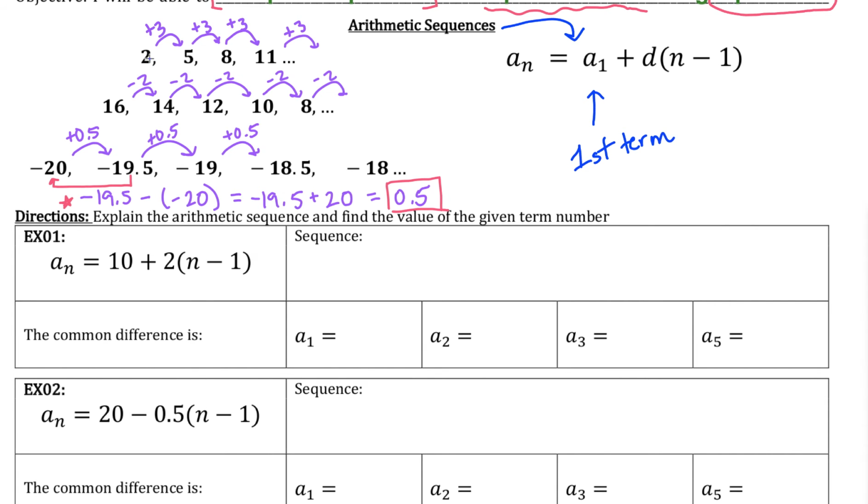For instance, the first term here is 2, the first term here is 16, the first term here is negative 20. This plus D is the common difference. It's what you're adding by, so adding or subtracting. And then this is our term number. We'll go through all this.